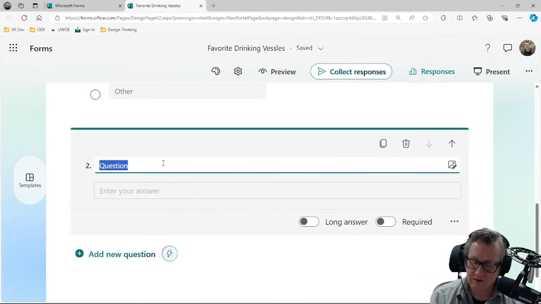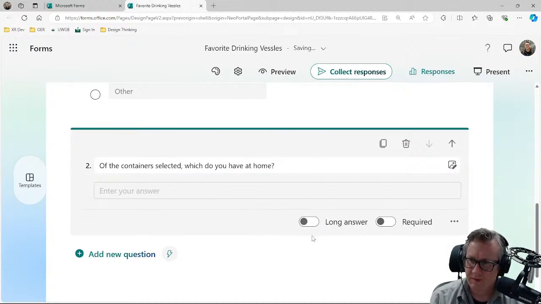All right, so let's do an open question: of the containers selected, which do you have at home? Okay, that's not so long. I'm not sure whether the question is required or not.